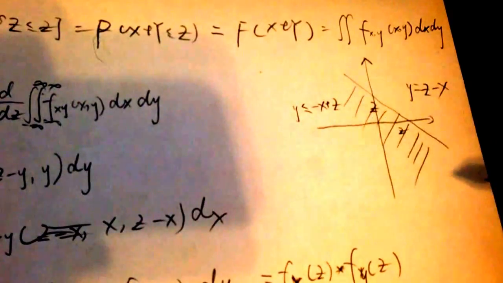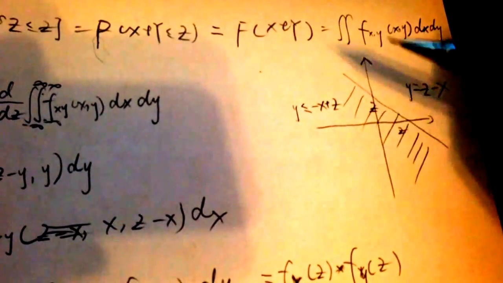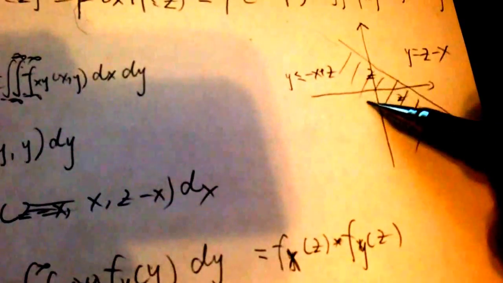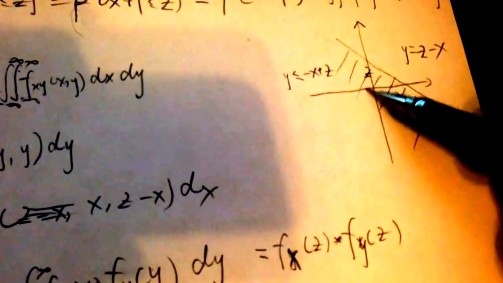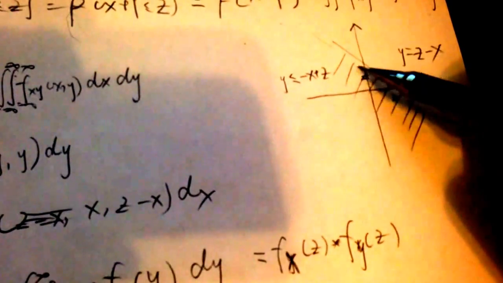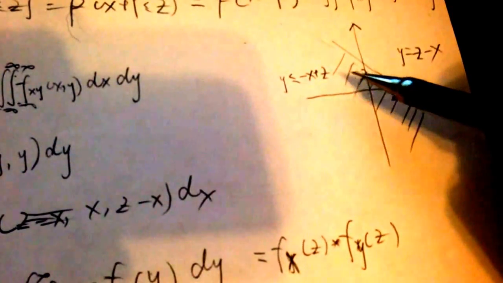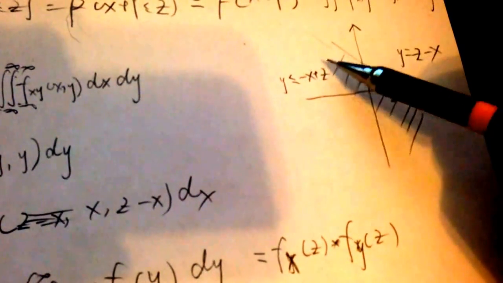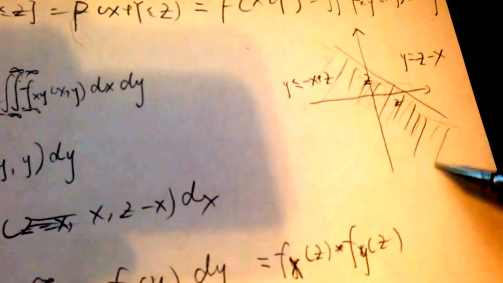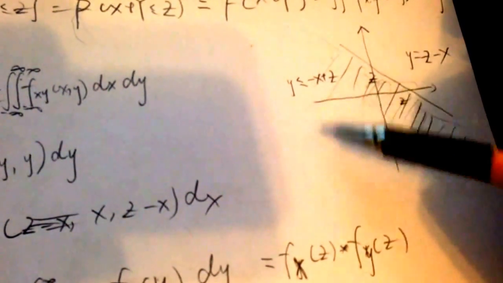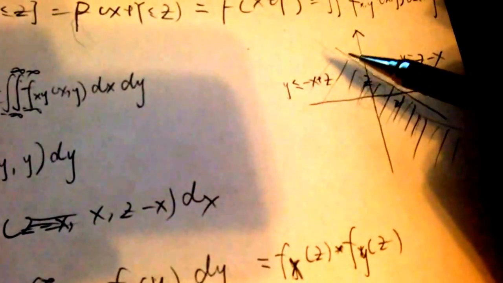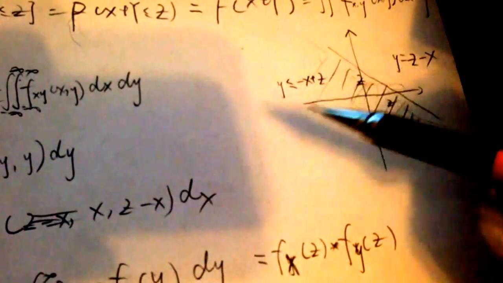This line is y equals z minus x. So it has to be in this part here, where y is less than or equal to minus x plus z.